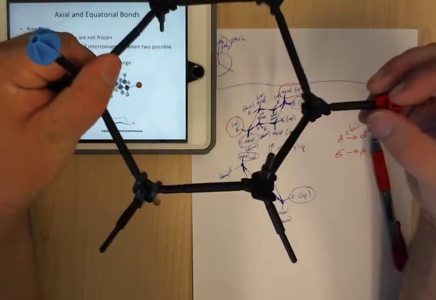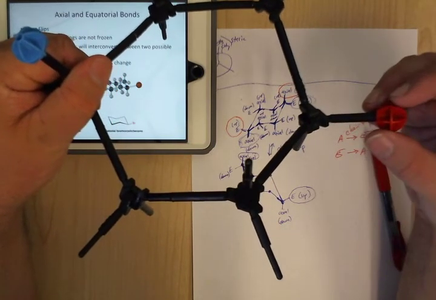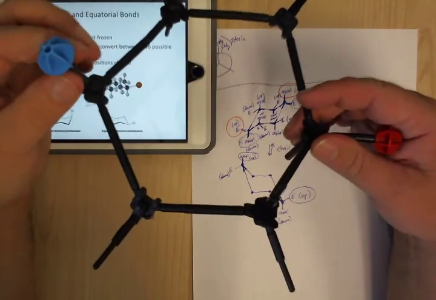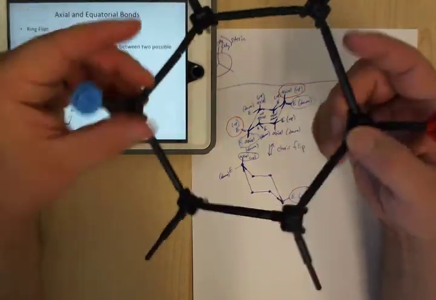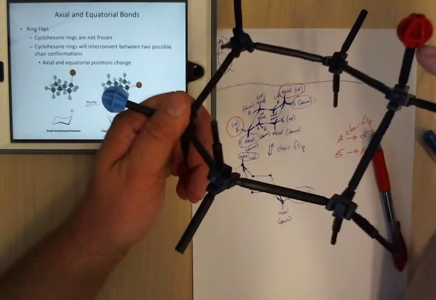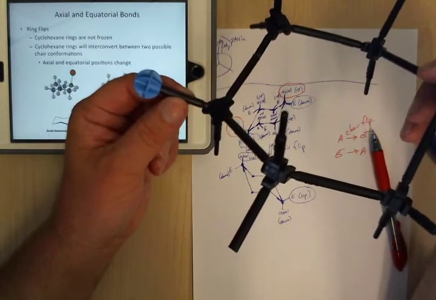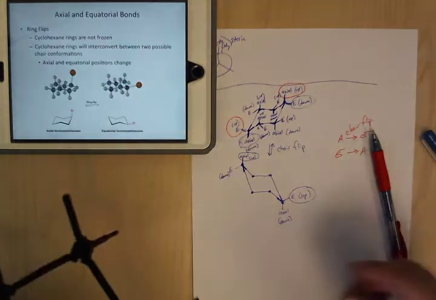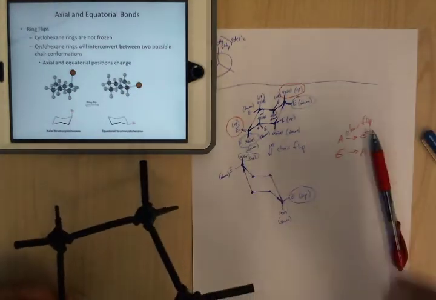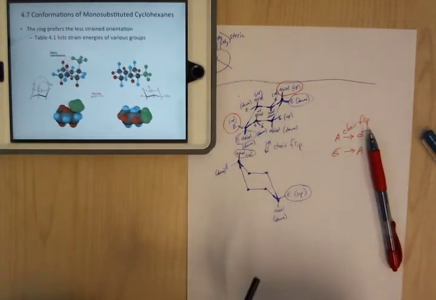This one is equatorial because the axial is down. But when we do a chair flip, it's still up, but now what's up in the blue is the equatorial. So in a chair flip, equatorial and axial swap, but ups stay up and downs stay down.